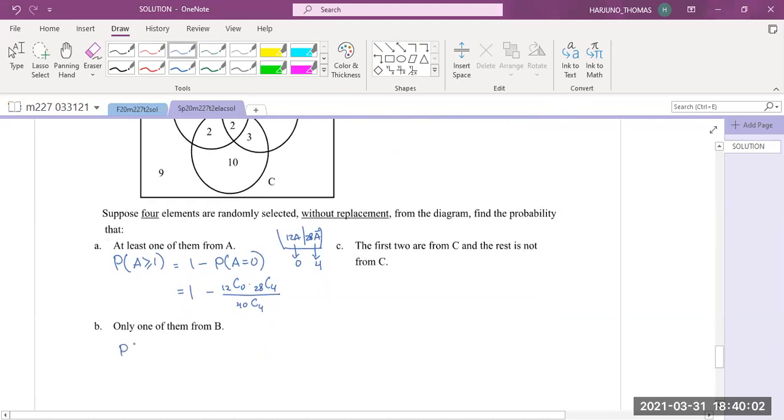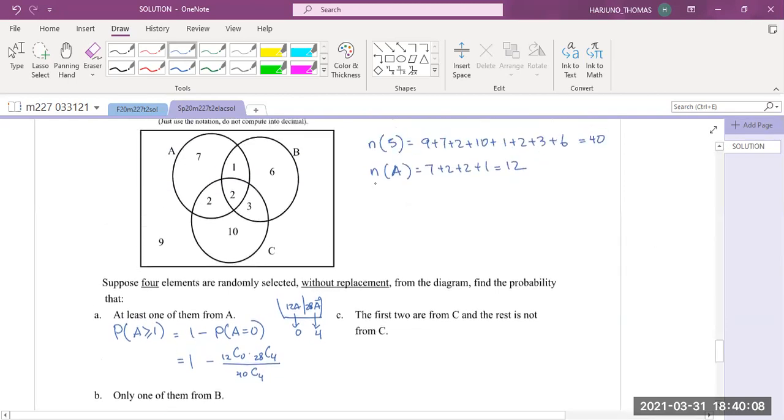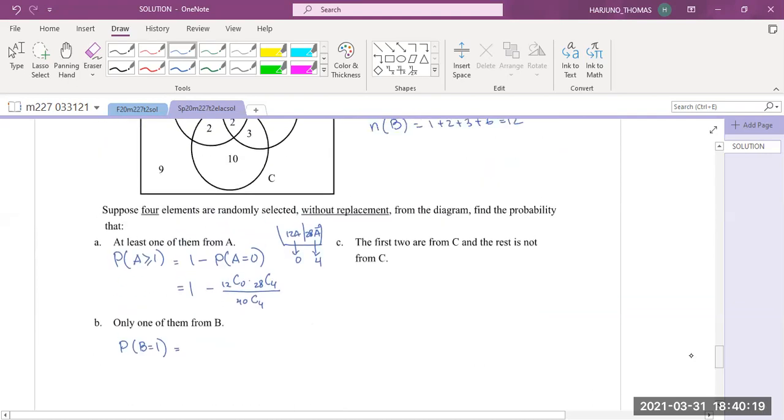What is the probability that exactly one of them is B? So how many B's? The number of elements in B will be 1 plus 2 plus 3 plus 6. Oh, there are 12 again. What a coincidence. Then there are 12 B's and therefore 28 not B's.